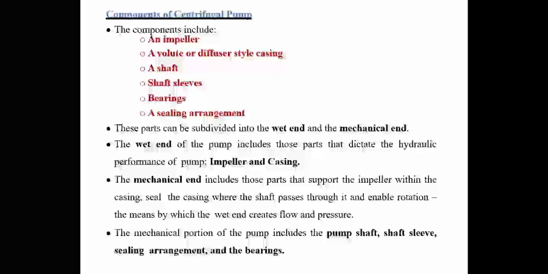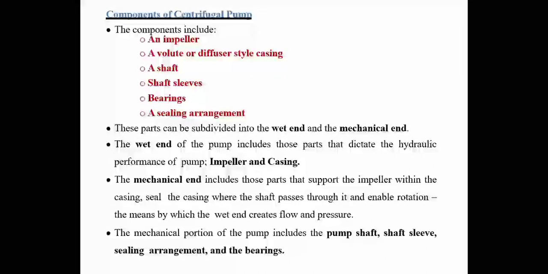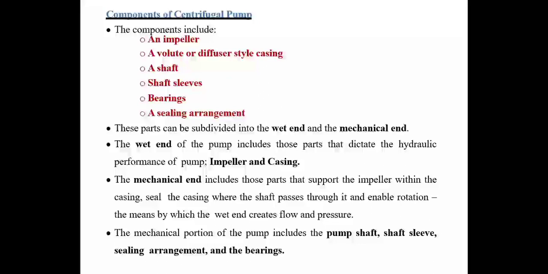So major components of the centrifugal pump are divided into two types, the wet end and the mechanical end. The wet end components are impeller and the volute or diffuser casing. I have already said that impeller and casing are the most important parts. They come under the wet end, where water is in touch with these two parts.